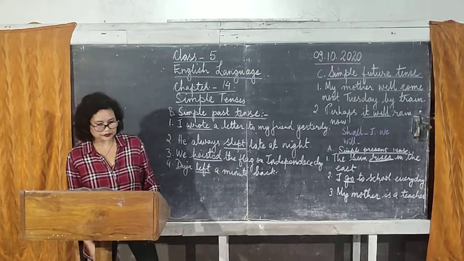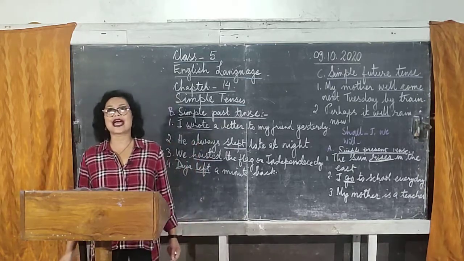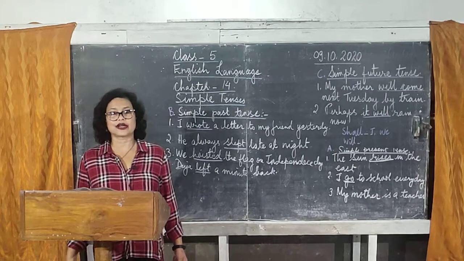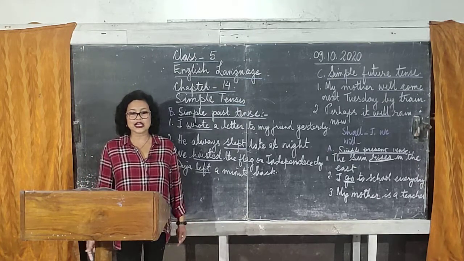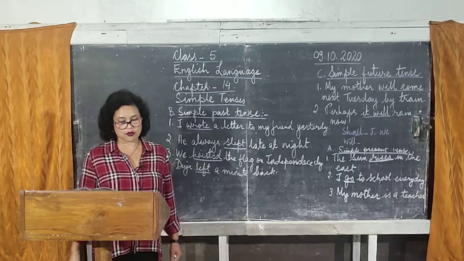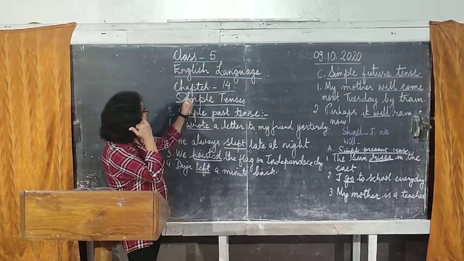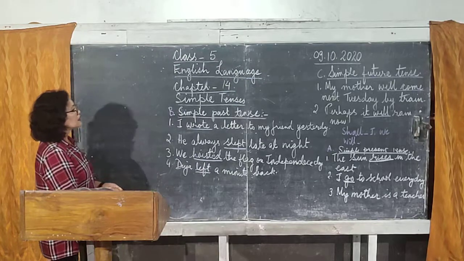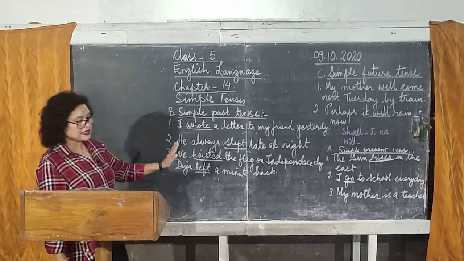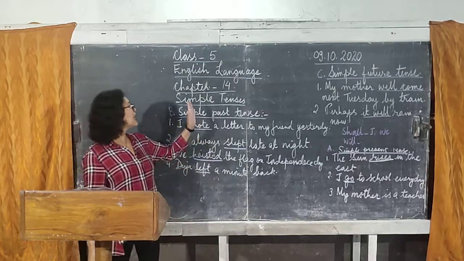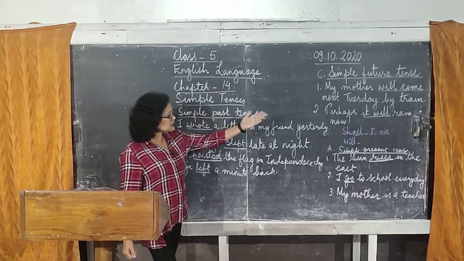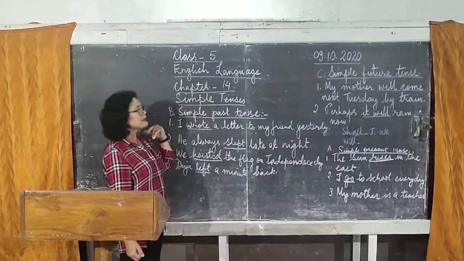Alright? We shall fly to London next week. For example, we shall fly to London next week. I shall do my homework tomorrow. Okay, children? So, these are the 3 simple tenses. And now I am going to explain to you mostly how to change from the simple present tense to the simple past tense.